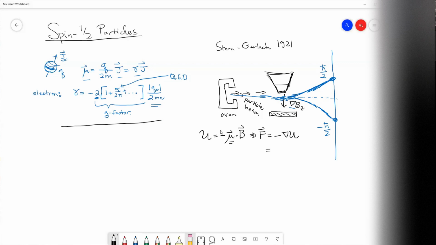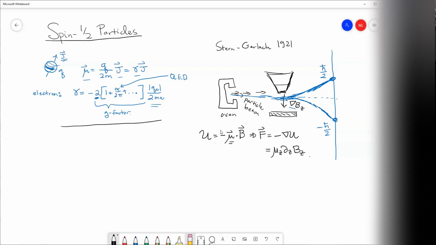That's just going to be the gradient along the z direction, the z component of the magnetic moment times the gradient of the B field in the z direction.